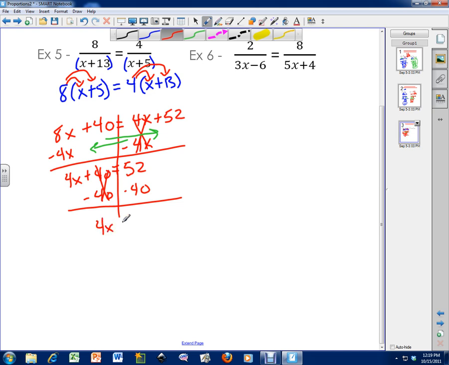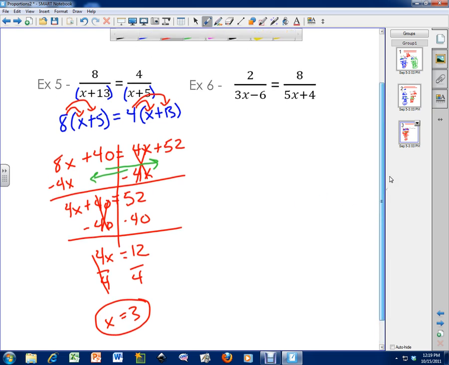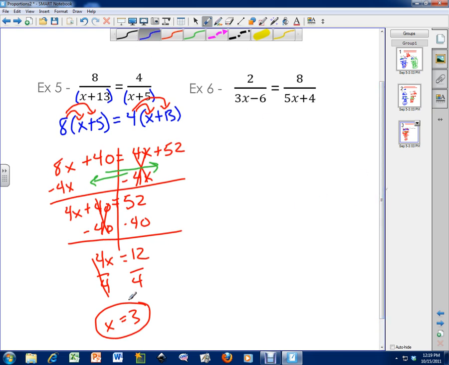So 4x equals 52 minus 40 is 12, and then divide by 4, and we have x equals 3. So on this problem here, x is 3. Again, you can plug in this 3 into this x and into this x, cross multiply, and double check yourself. Always double check yourself if you have time. If you don't have time, solve the problems and then go back and double check.